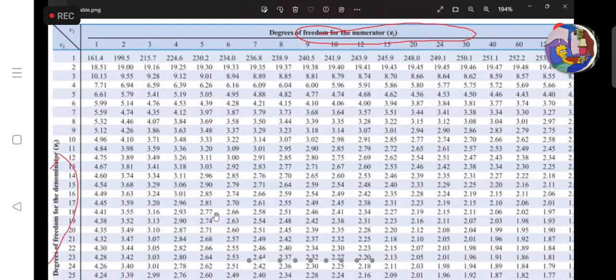So previously, using our data of 5, our degrees of freedom for the numerator is n minus k. Our n is 5 and our k is 2, so the numerator is 3. Look at this column. For the denominator, it is n minus k minus 1.